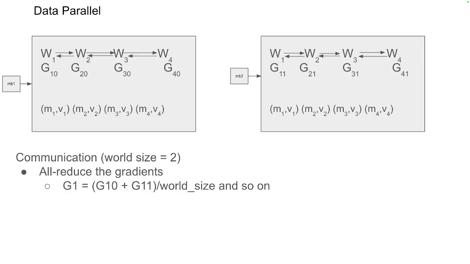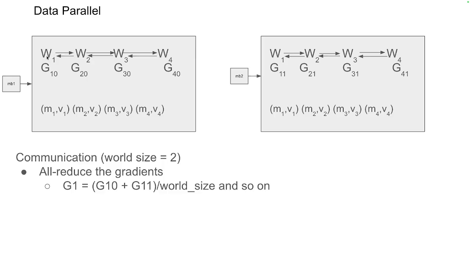In data parallelism, we have a micro batch concept. We have 2 GPUs, and we want each GPU to process a different micro batch in parallel. As you can see here, it is micro batch 1 and micro batch 2, and these are my 2 GPUs that we saw earlier.